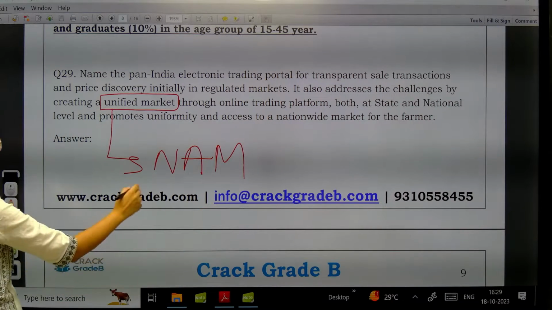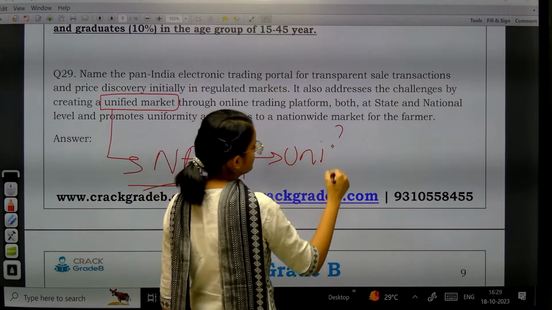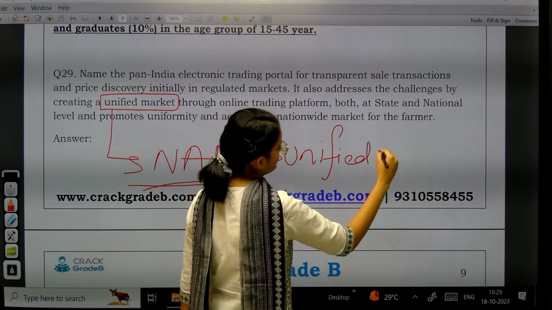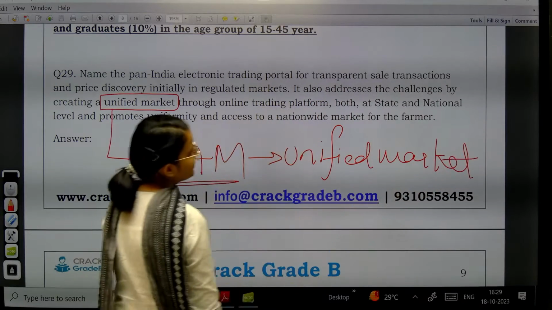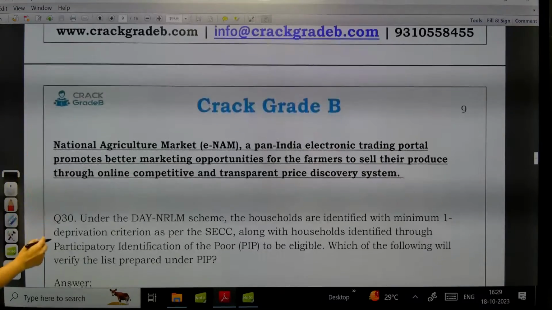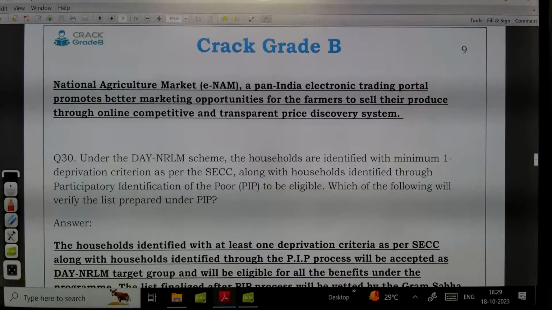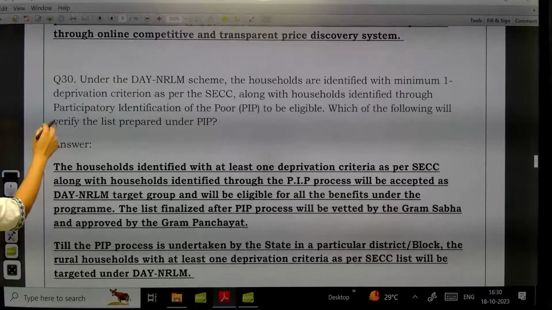Because the initiative of NAM is only to create a unified market. So read the question carefully, you will be able to get the answer or guess the answer. So National Agriculture Market, a pan-India electronic trading portal, promotes better marketing opportunities for the farmers to sell their produce through online competitive and transparent price discovery.